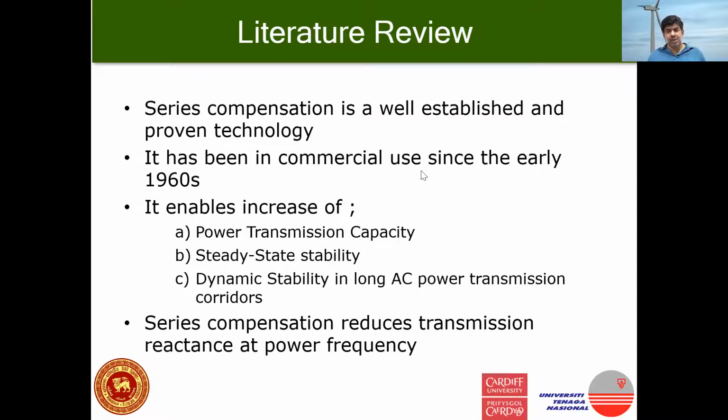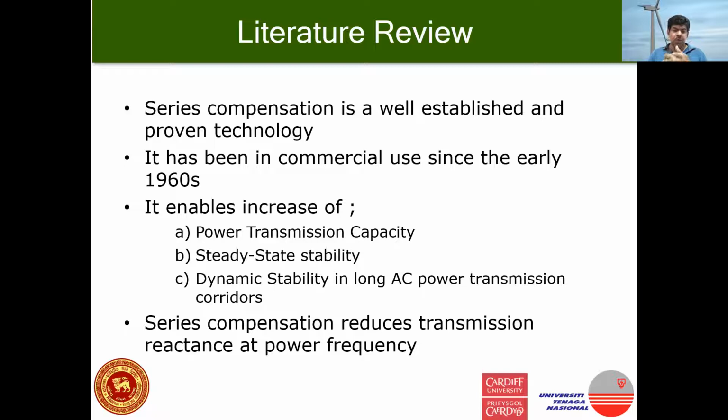So when you do a literature review, you will notice that there is a concept called series compensation, which I will show you in a minute, which has been in commercial use since the early 1960s. It enables an increase of the power transmission capacity of a line. It increases the steady state stability limit, and it provides dynamic stability.